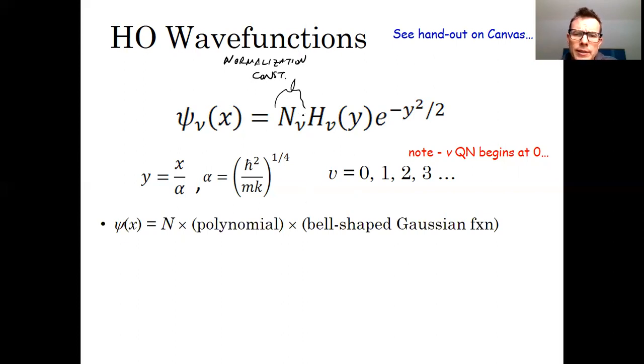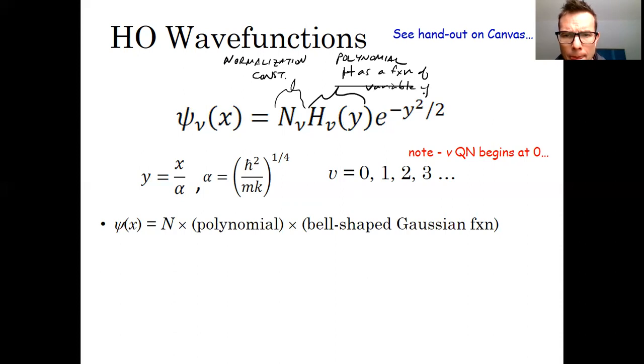The second part is this H sub v of y. And this is a simple polynomial. The way that you read this is H, the polynomial, as a function of the variable y. We're not multiplying it by y, but H, our polynomial, is a function of this variable y.